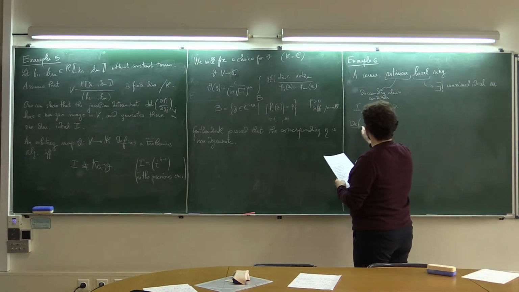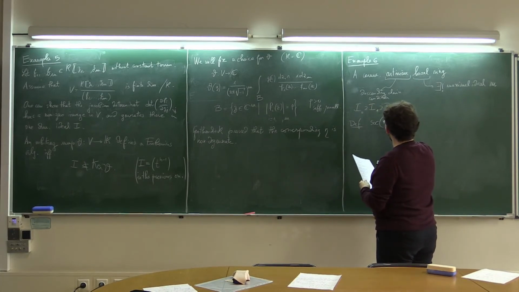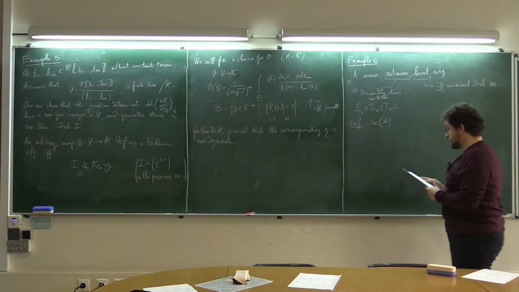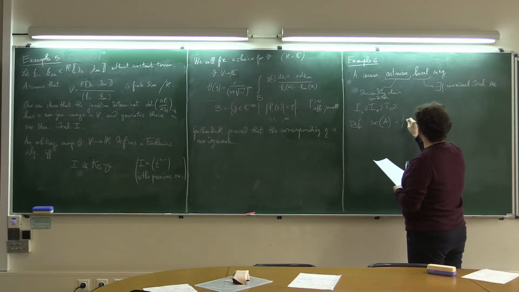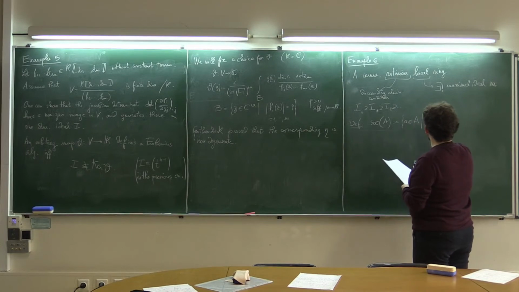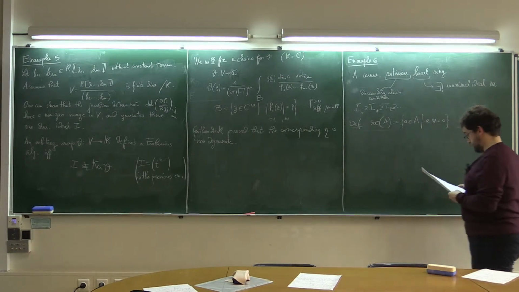Definition: we define the socle of A to be the annihilator of the maximal ideal M, that is, the elements of A such that A times M equals 0.